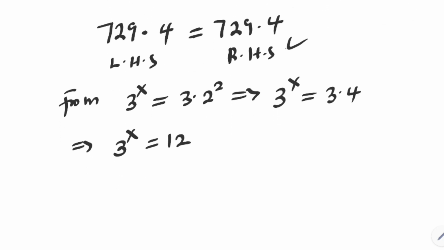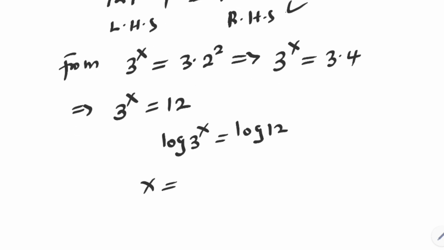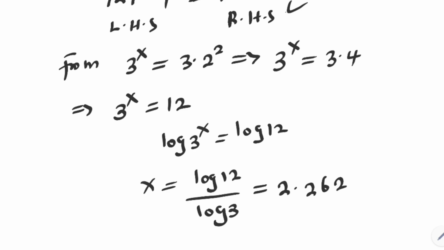If you take the log of both sides, we have log 3 raised to power x is equal to log 12. Then x will be equal to log 12 over log 3. This is equal to 2.262. If you want to use your calculator, you can see that within 30 seconds you can finish this.